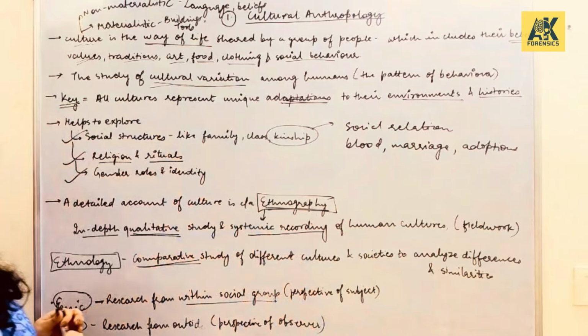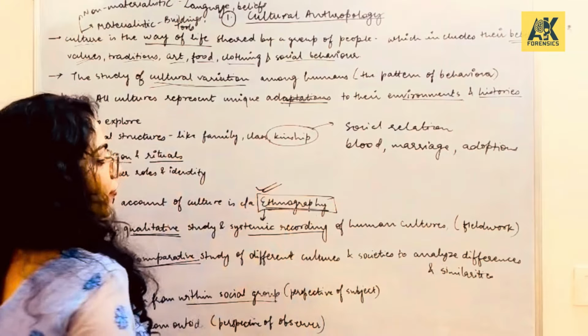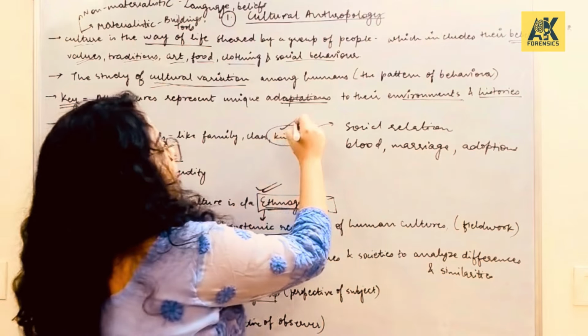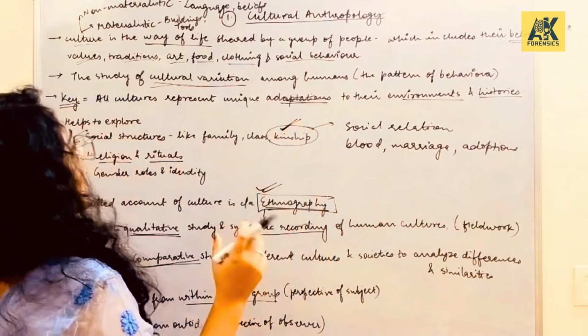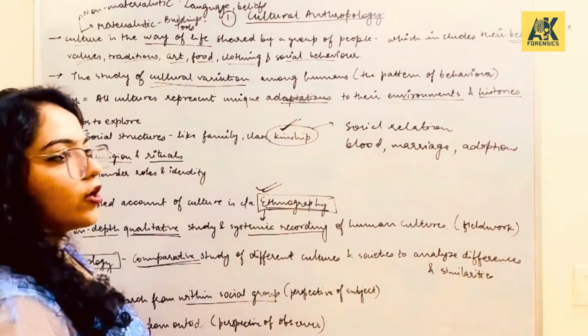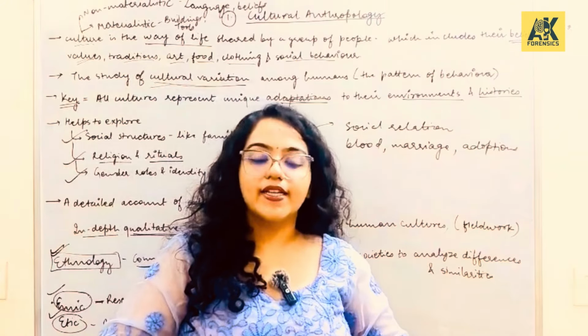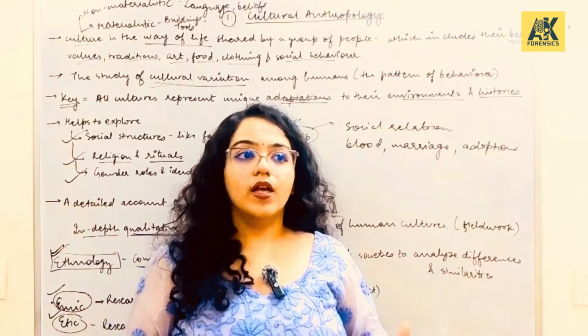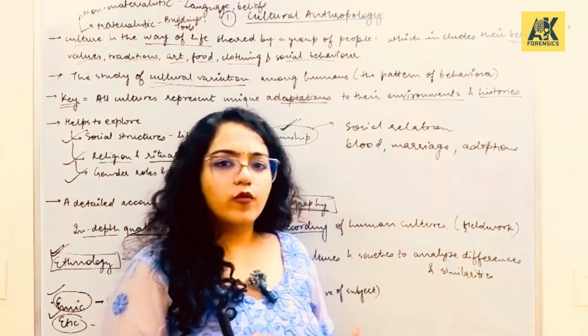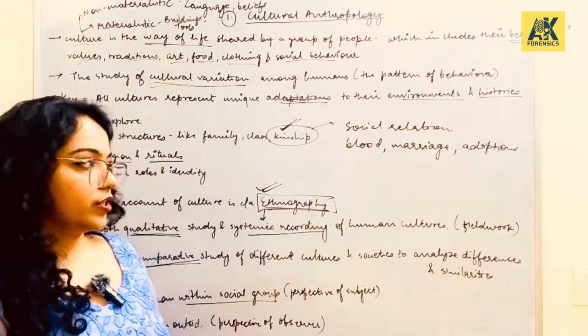So there is this term ethnography, there is this term ethnology. We studied emic and etic perspectives, we studied kinship analysis, and we studied how cultural anthropology takes into account research work, right? Now we will move on to linguistic anthropology.